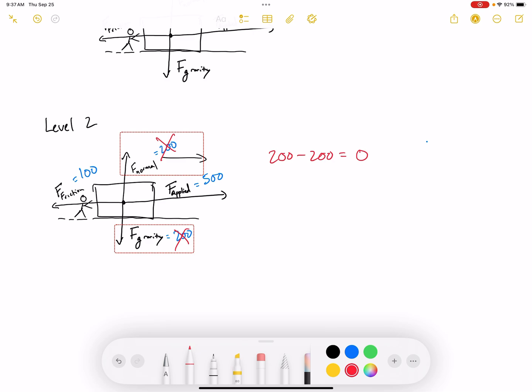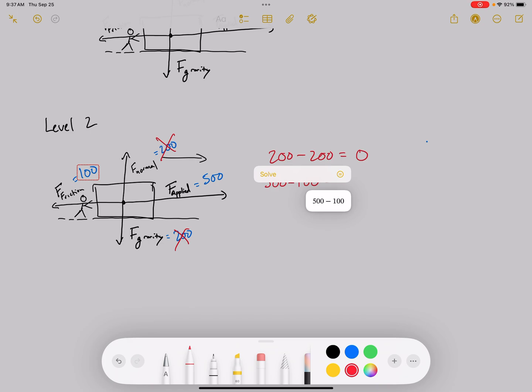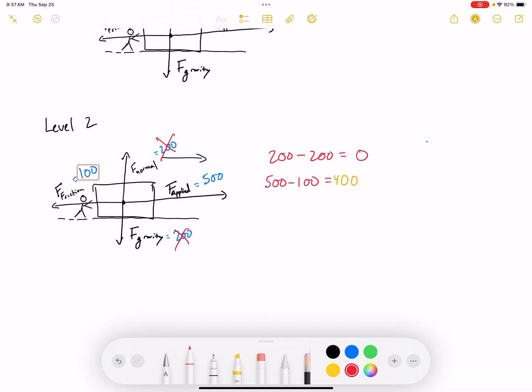Now, in the left and right direction, I have a 100 Newton force to the left and a 500 Newton force to the right. So I'm going to subtract those. I'll take my 500 minus my 100. My computer wants to do this for me. And I'm going to get a 400 Newton force. That 400 Newton force is what we call the net force on our object. It's the only force that I have left over.